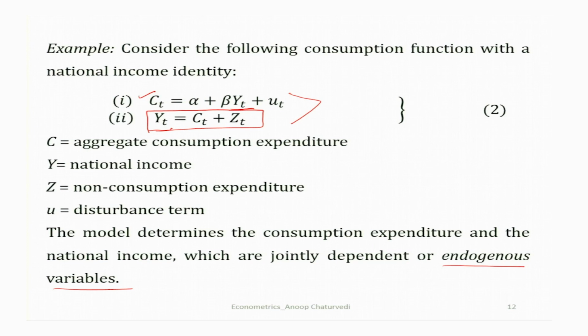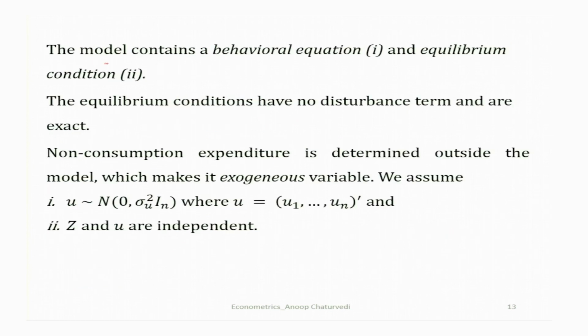Again, in the second equation you do not have any parameters. So, there is no problem of estimation, you do not have to estimate any parameter. In the first equation, one can think of applying the OLS procedure for estimating alpha and beta. So, this model contains a behavioral equation 1 and an equilibrium condition 2.